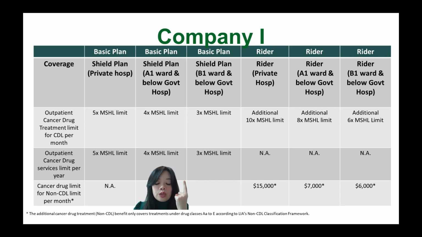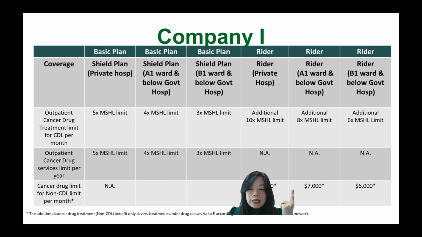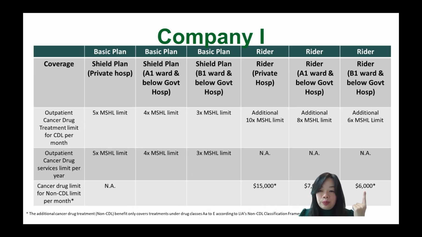For the non-cancer limit, it will be $15,000 if you have the rider for the private plan, and $7,000 per month if you have the rider for the government hospital up to A1 ward. And lastly, $6,000 if you have the government hospital plan with B1 ward and below.